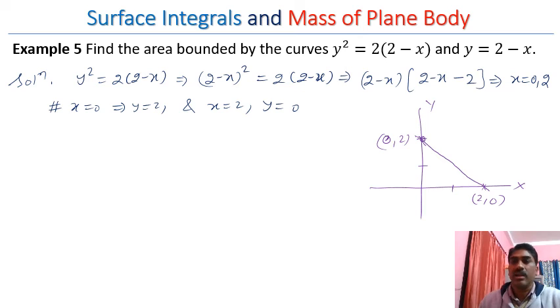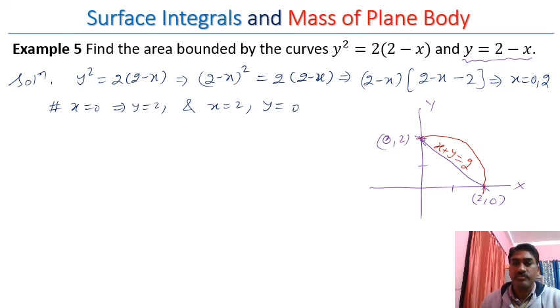So this is the line. y equals 2 minus x is nothing but x plus y equals 2. This is the line y equals 2 minus x, and this is an inverse parabola, so it will come like this.